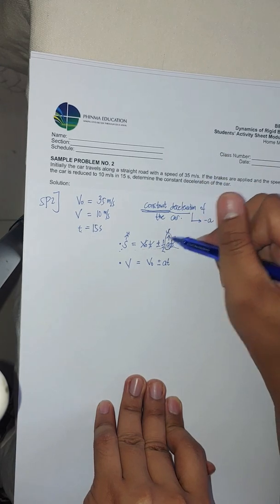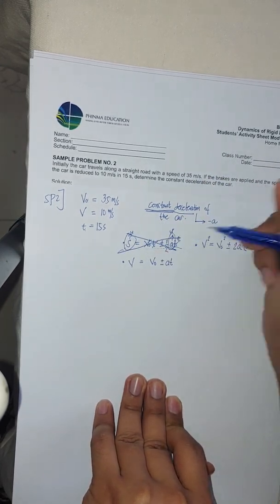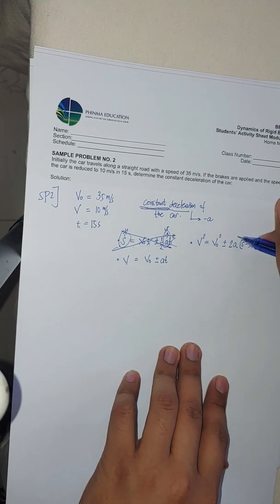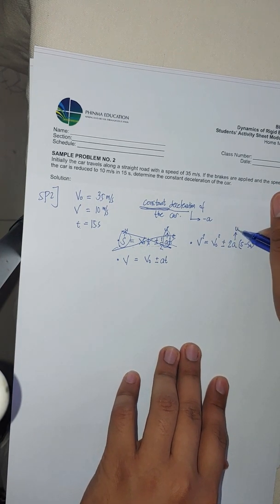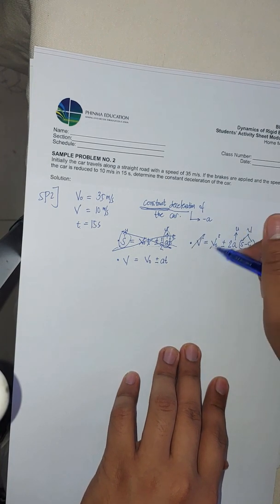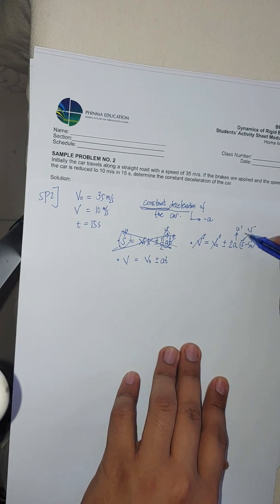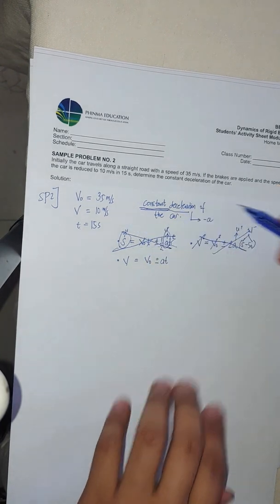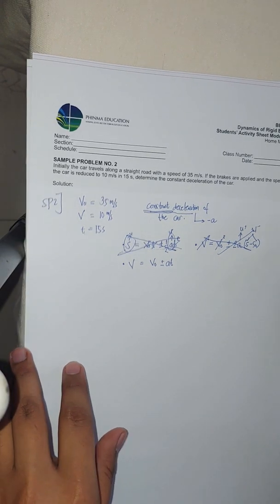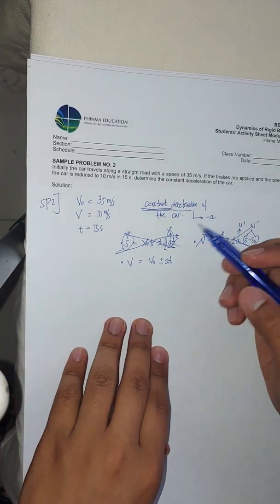So, there are two unknowns, so we are not going to use this equation. How about this one? Acceleration is unknown, and displacement is also unknown. Only these are known. There are two unknowns, so we cannot solve the problem using this. There should be only one unknown. So, we have no other choice but to use this equation.